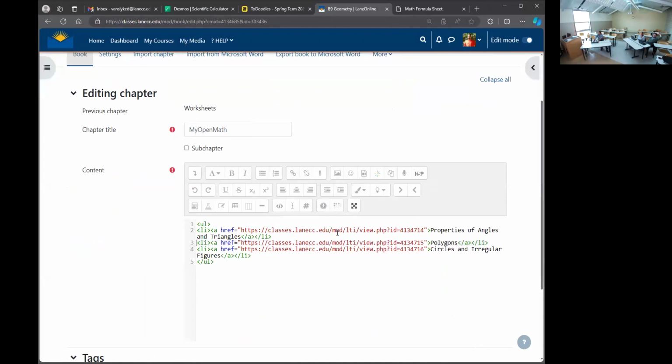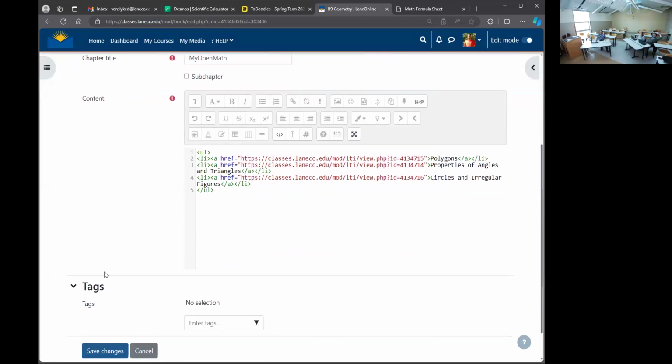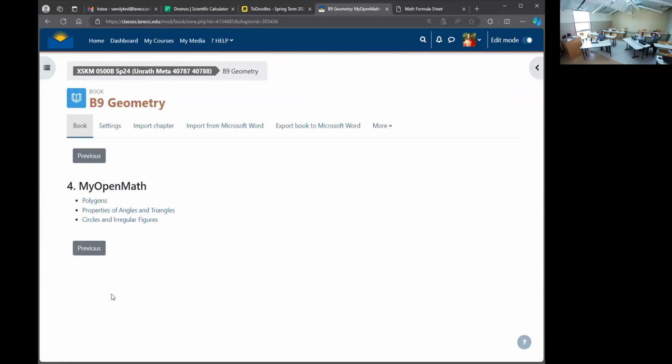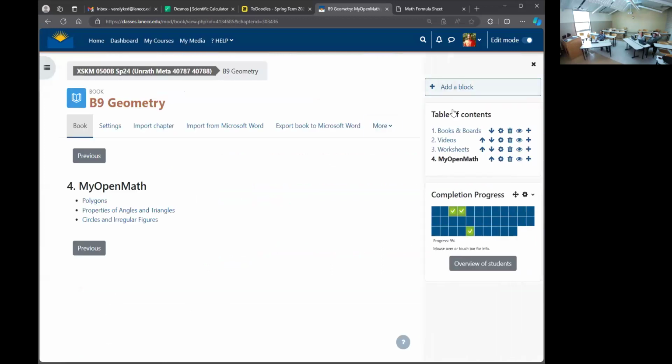Something was wrong. There we go. Moodle sometimes just doesn't work right. There you go, moved it in front. Okay, now polygon's at the front, so you can do the first one, don't try the other two yet, unless you already know it from some other class.